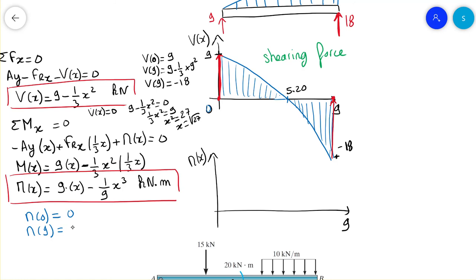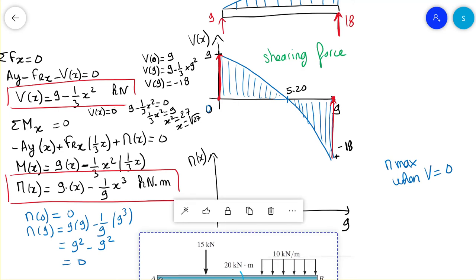So it's 9 times 9 minus 1 divided by 9 times 9 cubed. So it's equal to 9 squared minus 9 squared. So it's equal to 0. The maximum will be, so M is max when V is equal to 0, because V is the derivative of the moment. Okay, so that's for the next question.